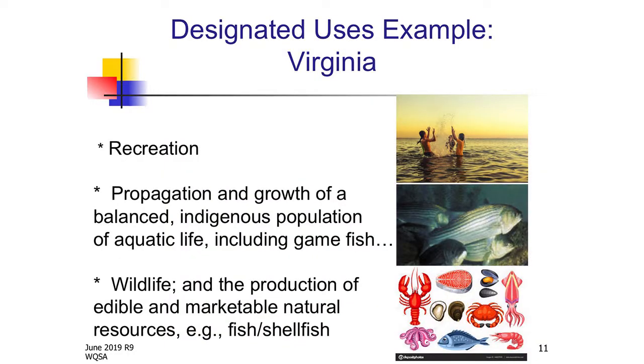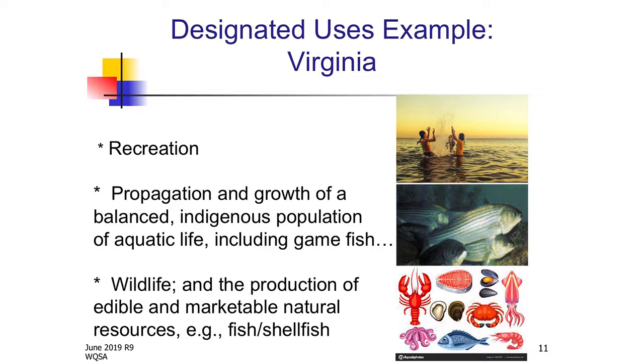So the first example is Virginia, and this is actually very similar to what California does. They would have a use for recreation, a use for propagation and growth of a balanced indigenous population, aquatic life, wildlife, production of edible, marketable natural resources.